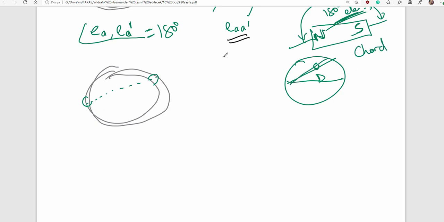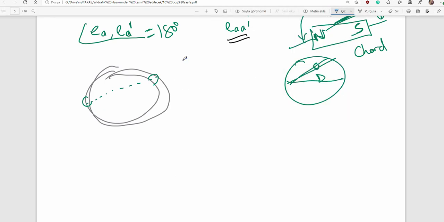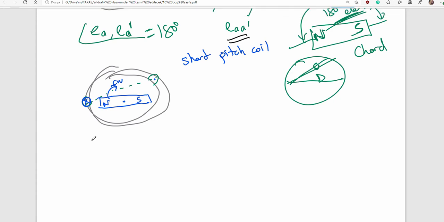You see a cord, a fractional pitch, short pitch coil. Here's cross and here's dot. Here's the magnetic pole of rotor, and it is rotated in clockwise direction. Okay, here are the EMFs induced in the coil.